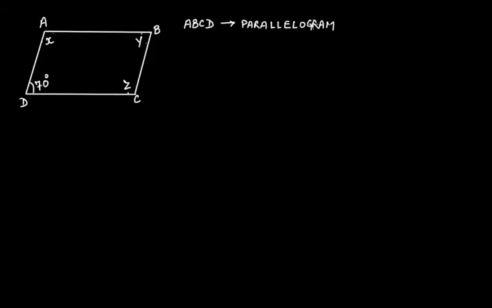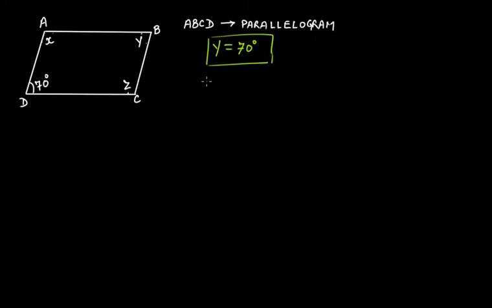ABCD is a parallelogram and you have to find the value of X, Y, Z again. Now this is 70 degrees and we know that in a parallelogram the opposite angles are always equal. So Y will be equal to 70 degrees, right? Now Y is equal to 70 degrees and we know that in a parallelogram the opposite angles are equal, so X will be equal to what?